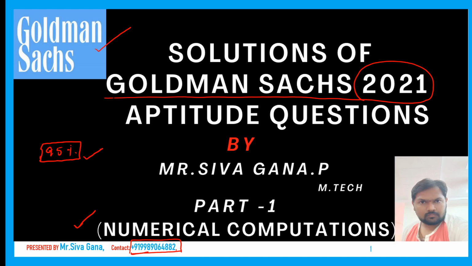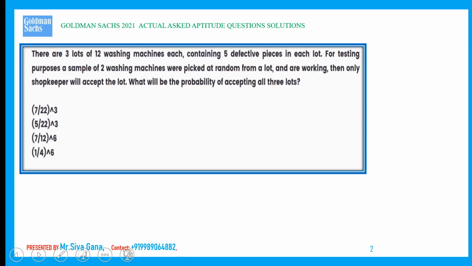Keeping all these things in view, you can prepare your aptitude in a best way. In those topics, the candidate has to put in more time so that there is a chance to crack the placements, right? So without wasting much time, let us start the first question.